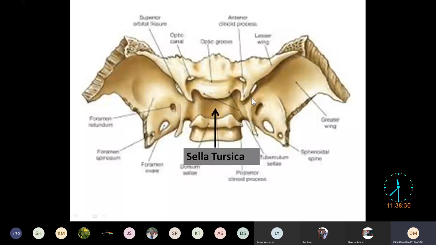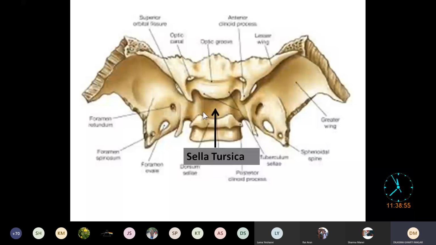I studied that butterfly shaped bone in my MBBS time also. You can see here a space is there, a depressed area is there, and that space is known as the sella turcica. It is somewhat curved shaped. You must have studied in anatomy also, but still before starting the class, I want to show you the sella turcica.